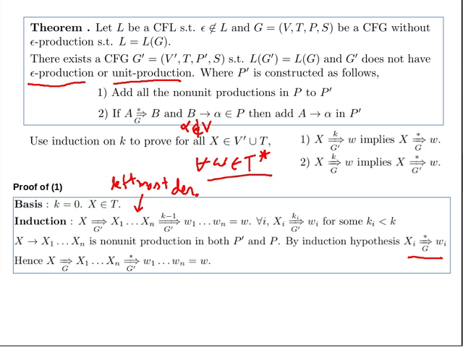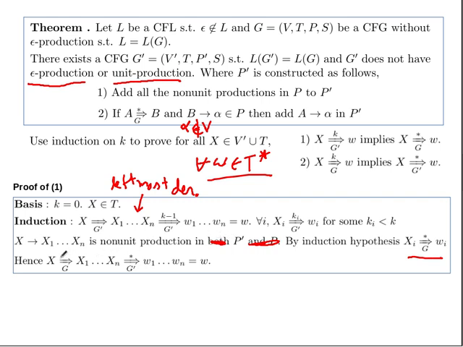Here again there is a typo. We should not have this non-unit production in both this and this. All we can say is that A is in P prime. Okay. So this is a single step process in G prime, so this is a production in P prime.